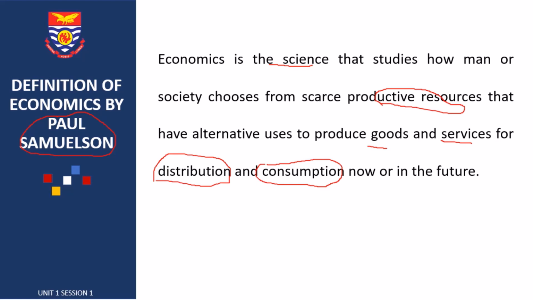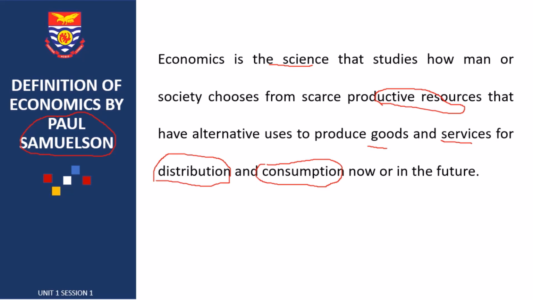A working definition of economics is that it is a science that studies how society uses limited resources. So you say how society uses limited resources. That should be your definition.